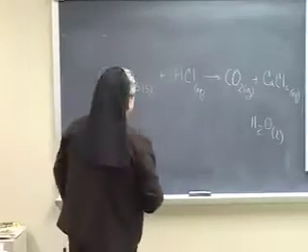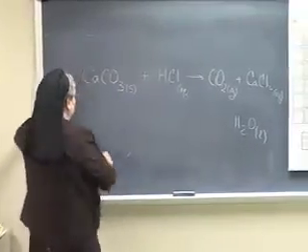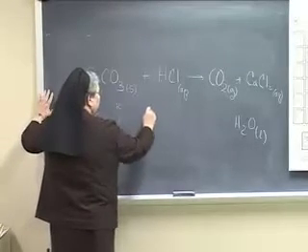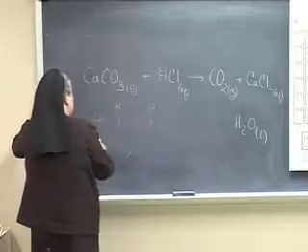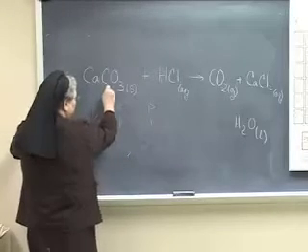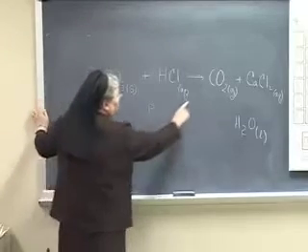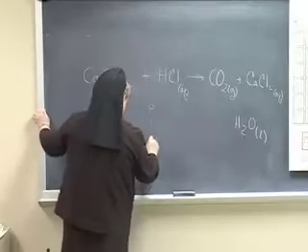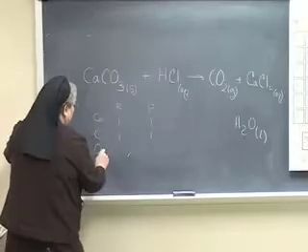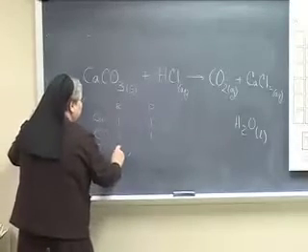So all I have to do is count atoms. Calcium, the reactant is 1, the product is 1. Carbon, reactant is 1, product is 1. Oxygen, the reactant is 3.